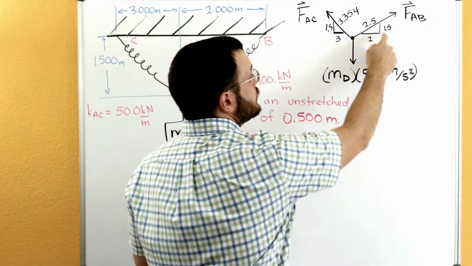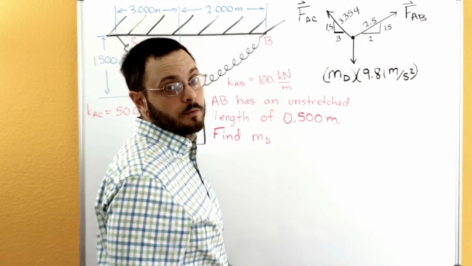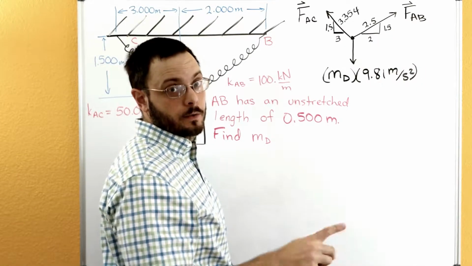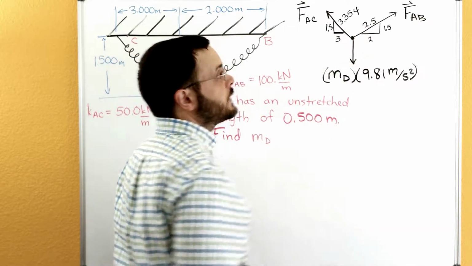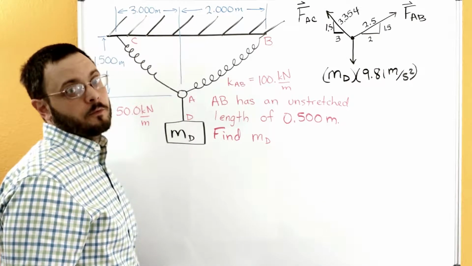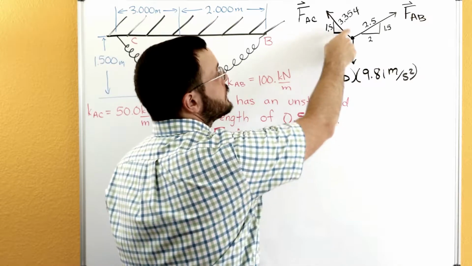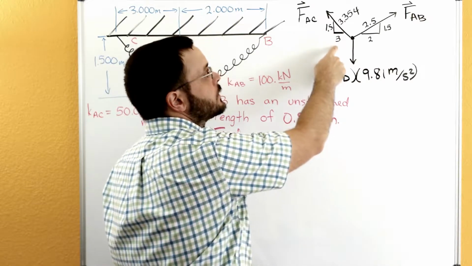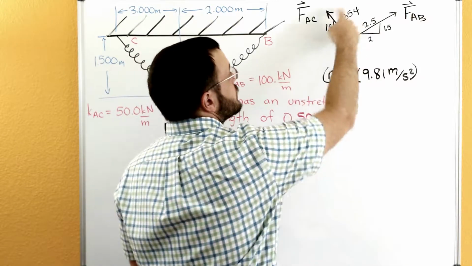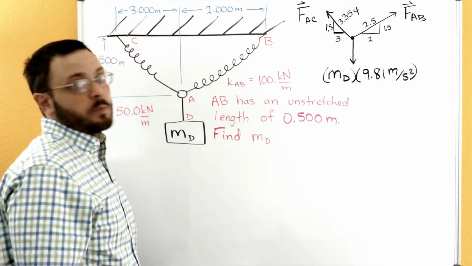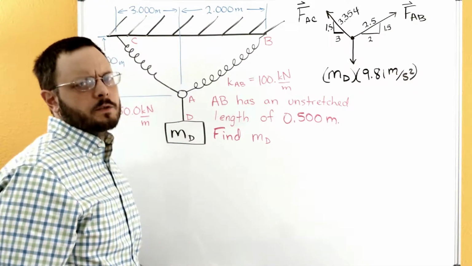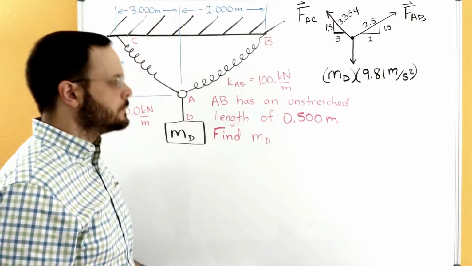With the 2 and the 1.5, when we take everything, square it, add it together, take a square root, we get a 2.5, and we see that's really just a 3, 4, 5 right triangle in disguise. Over here, though, when we take a square root of 1.5 squared plus 3 squared, we just get a decimal number, and that's perfectly okay. It doesn't need to be a nice round number to be usable.